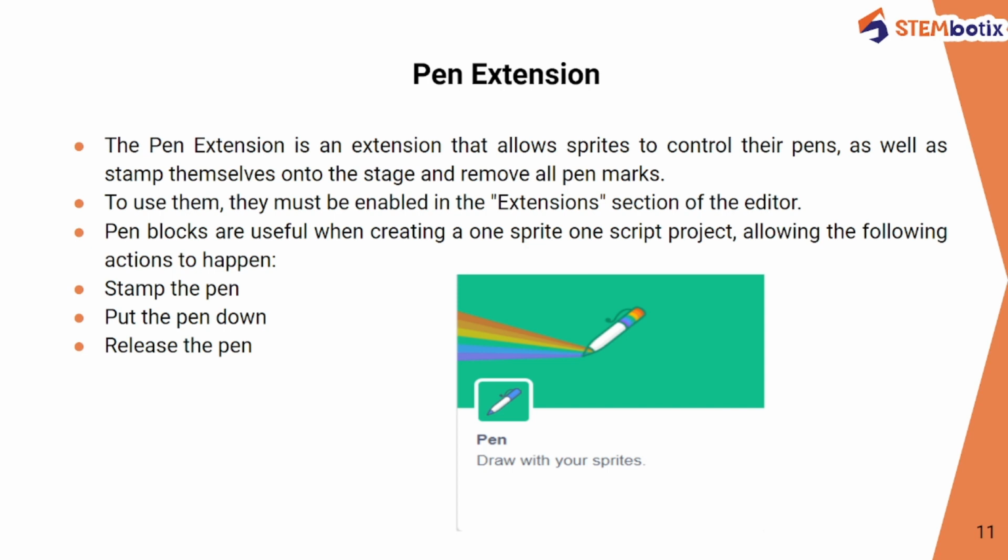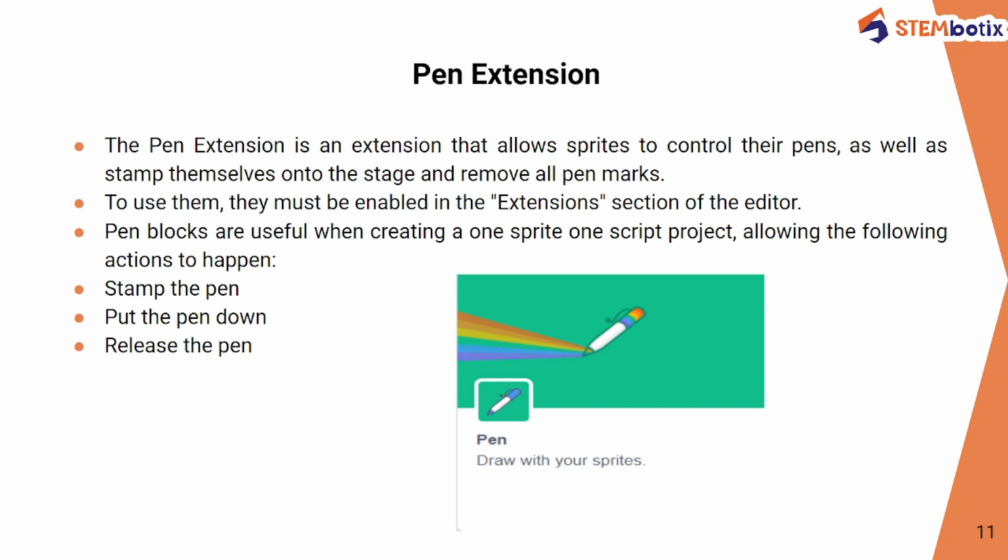Means if you want your sprite to do this kind of thing, like stamp itself on the stage, remove pen marks, or control its pens, you first need to enable the extension named pen extension. Pen blocks are useful when creating a one sprite, one script project.